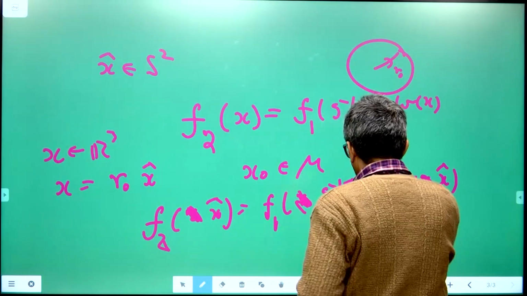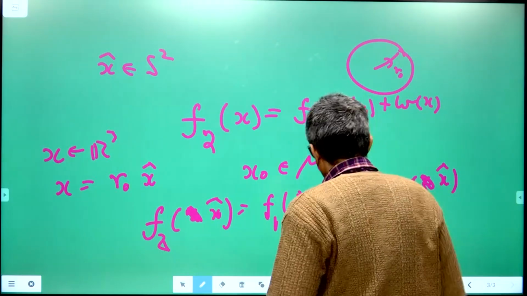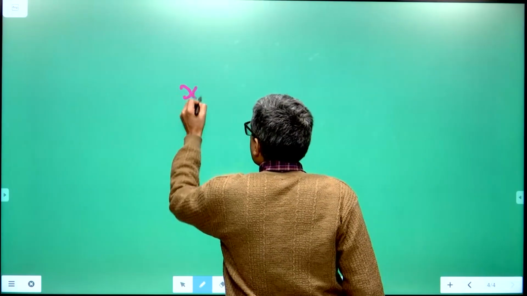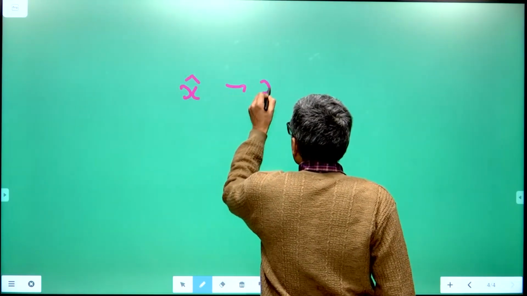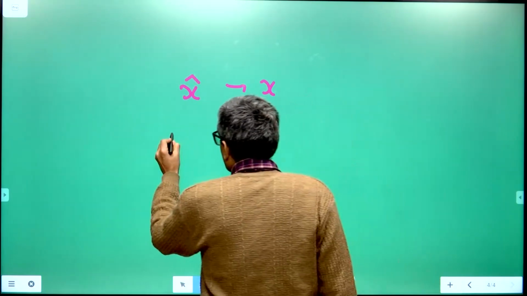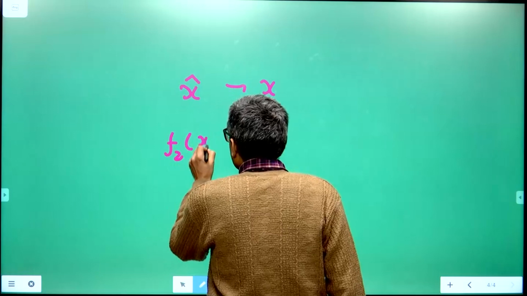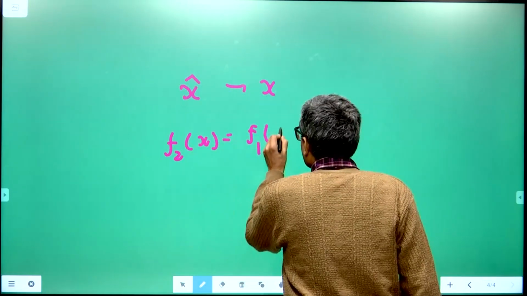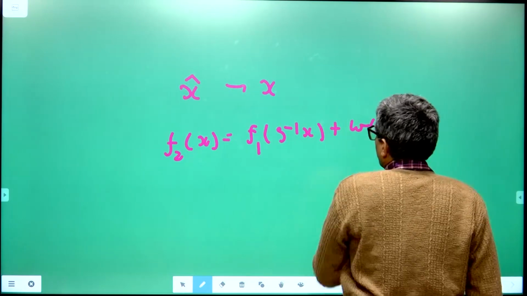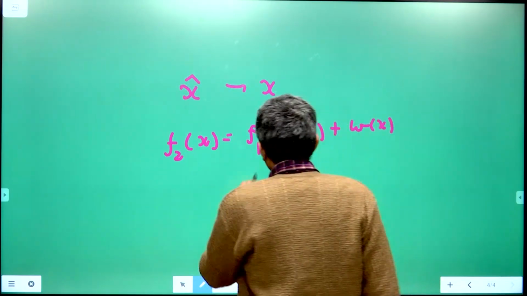From this I have to estimate the value of G. Instead I use the notation x in place of x cap for brevity, so F2 of x is simply F1 of G inverse x plus Wx, and I want to estimate G from this.